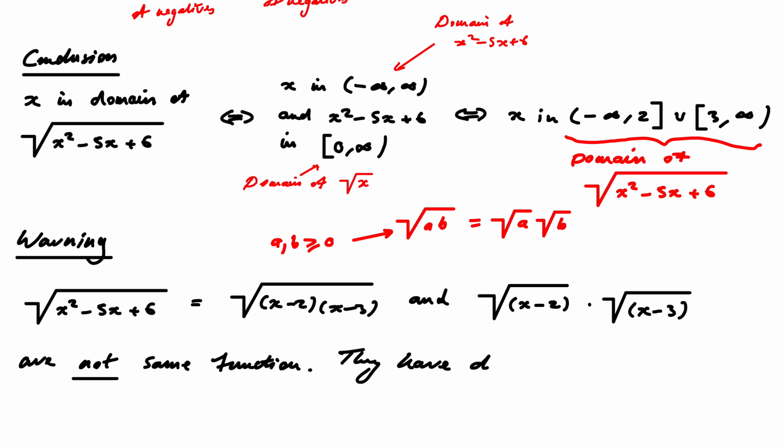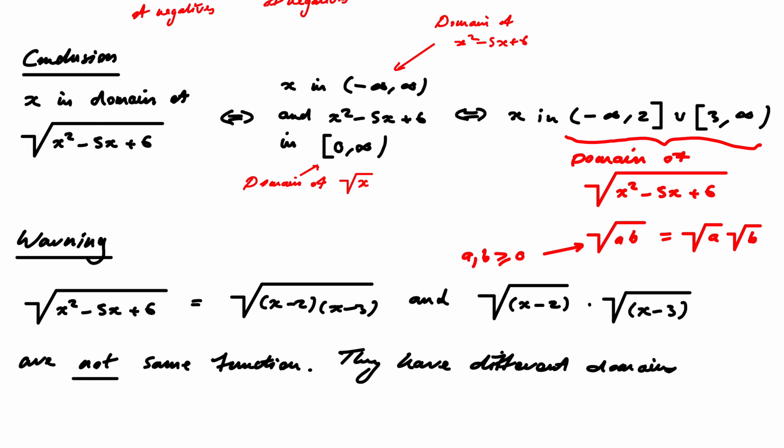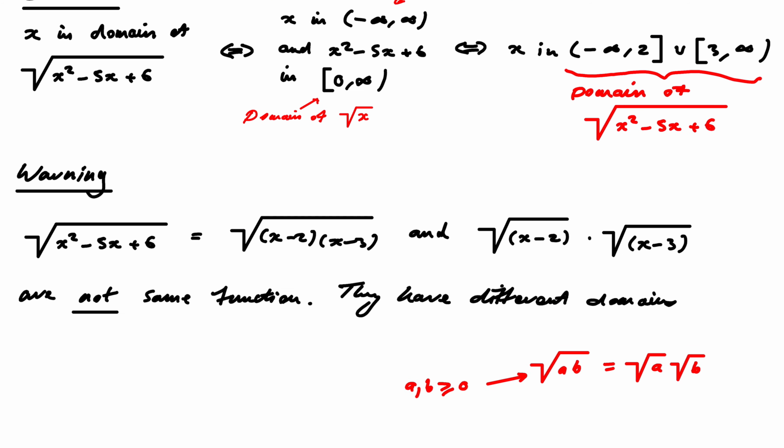They have different domains. So this piece of algebra that we want to invoke only makes sense if x minus 2 and x minus 3 are positive.